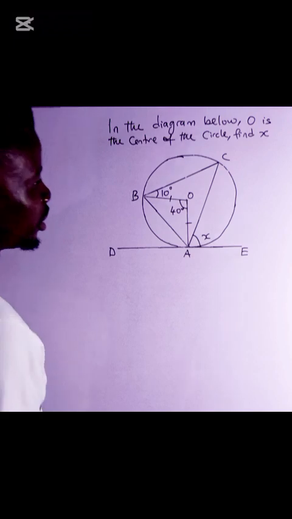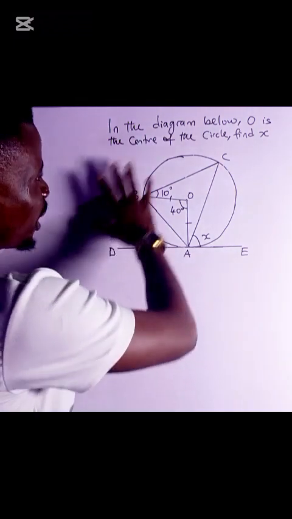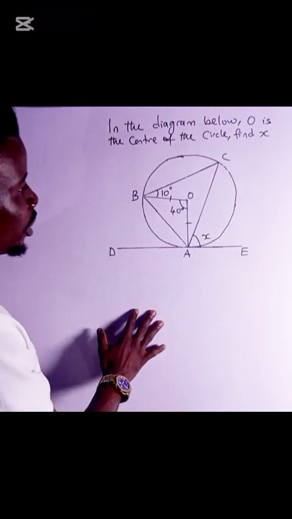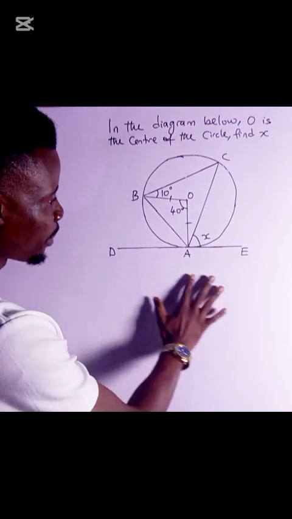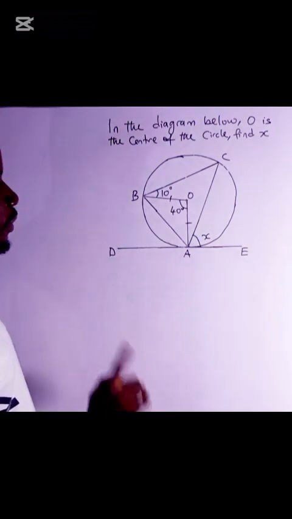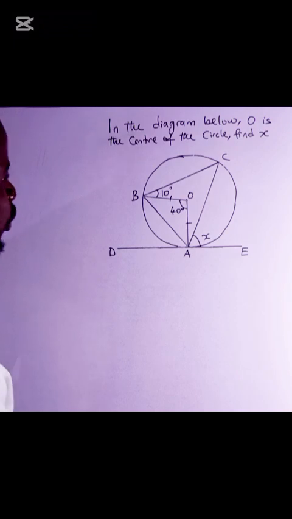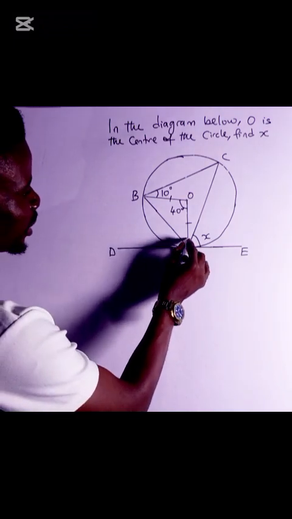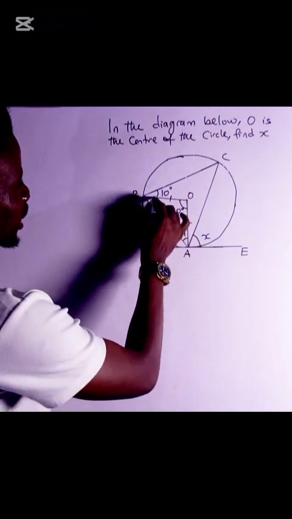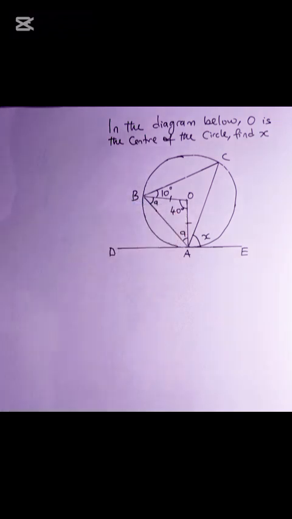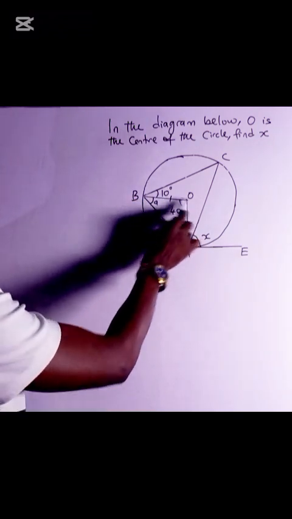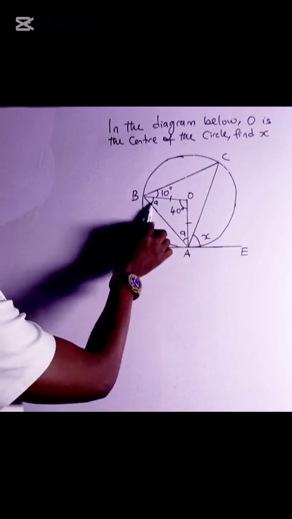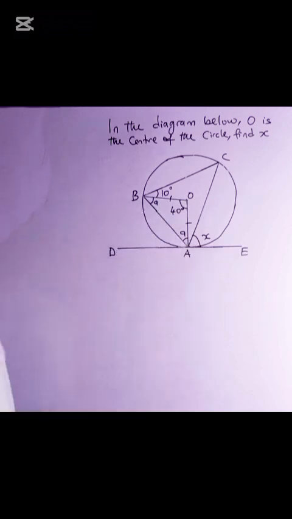So now looking at this circle, we can start solving step by step. Now what do we do? The first thing we're going to do is to find the angles here. Let's call them A and A. Since it is an isosceles triangle, that is OBA, the angles at the base will be equal.